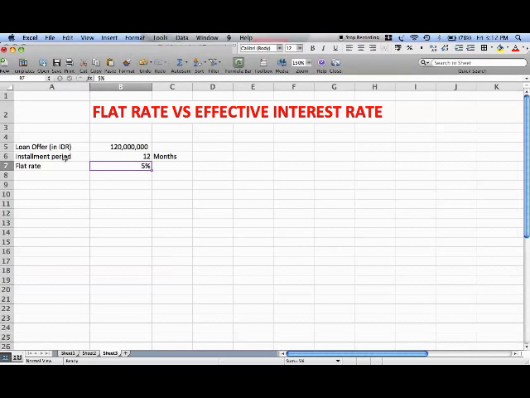I mean, for example, if you go to the bank, probably you have to pay more than 10% at the moment. Okay, so this is the deal. This 120 million rupiah will be installed, so you have a principal installment on a monthly basis.